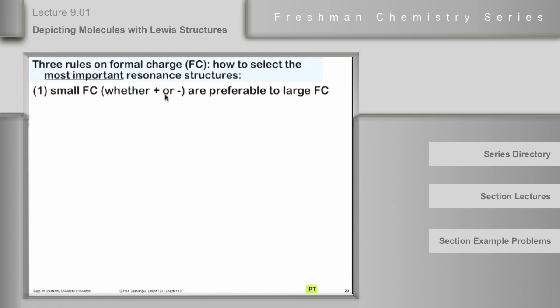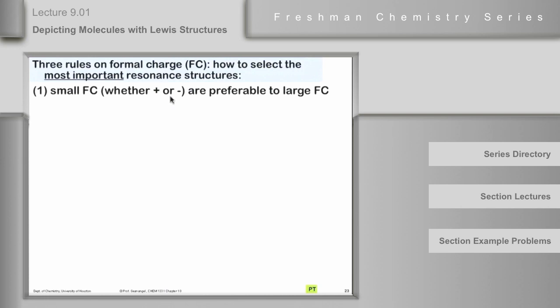There are 3 of these rules in order of sort of decreasing importance. If you do what we just did with the chloride ion, and you end up with more than one good Lewis dot structure. We'll do nitrous oxide in a few minutes, and you'll see it.